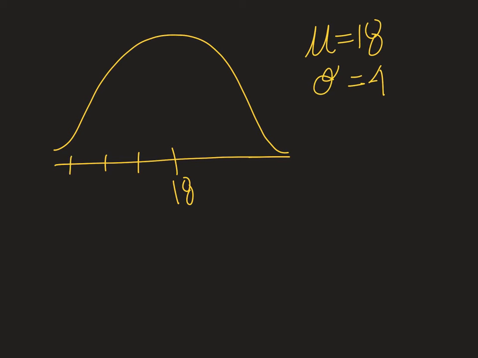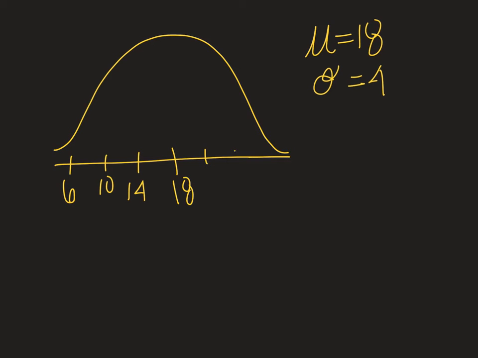Now you should be subtracting, so 18 minus 4 gives you 14. 14 minus 4 gives you 10. 10 minus 4 gives you 6. So there's my 3 standard deviations below.